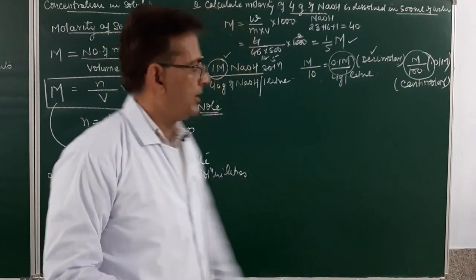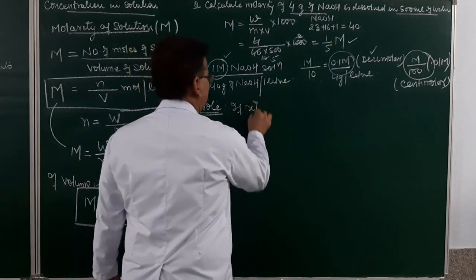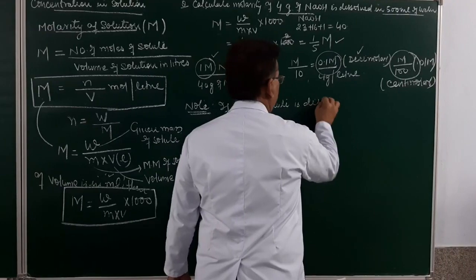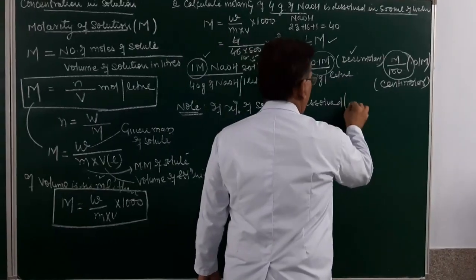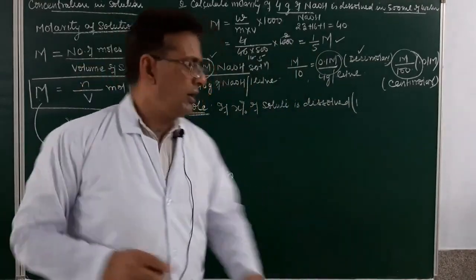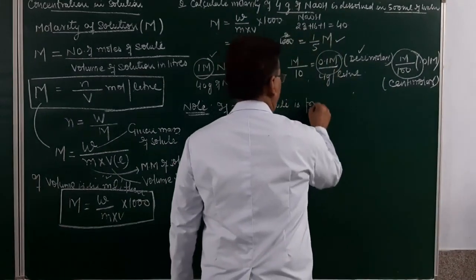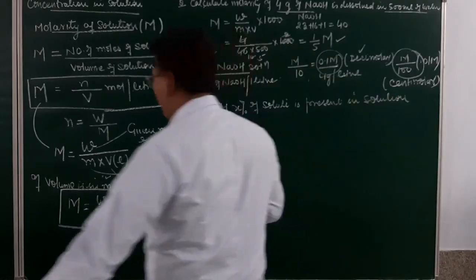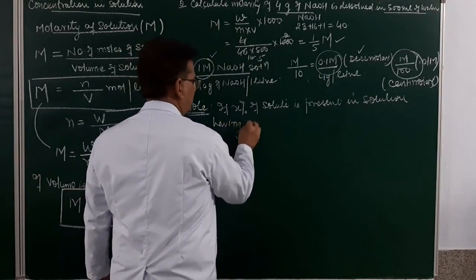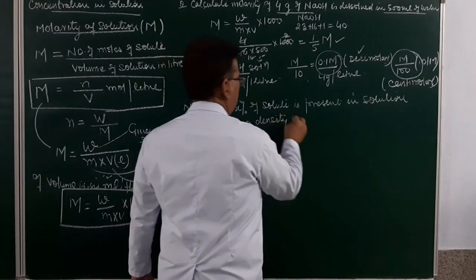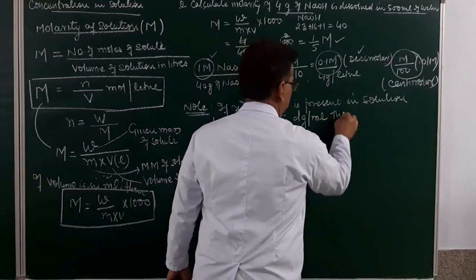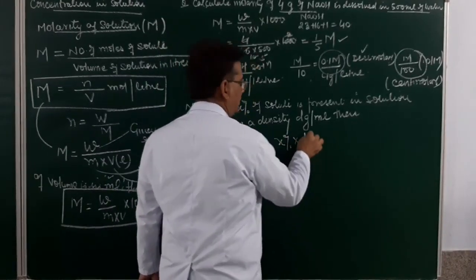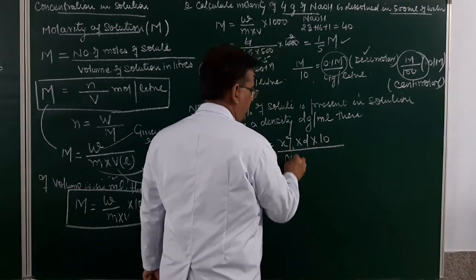If in the question it is given that X% of the solute is present in solution having a density d gram per ml, then always remember molarity of the solution will be equal to X% into D into 10 upon molecular mass of solute.